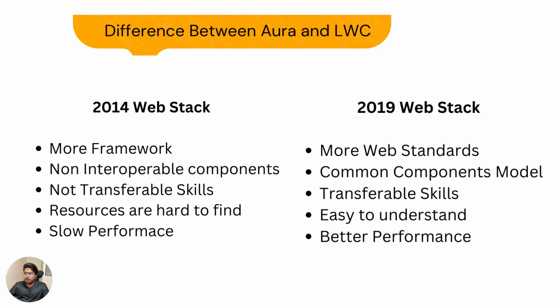Or if you want one person to work on all of this, it will take some time. That's why the resources are hard to find. If we talk about Lightning Web Components, it is easy to understand. If any developer comes who already understands Aura components or React components, they can easily build Lightning Web Components.